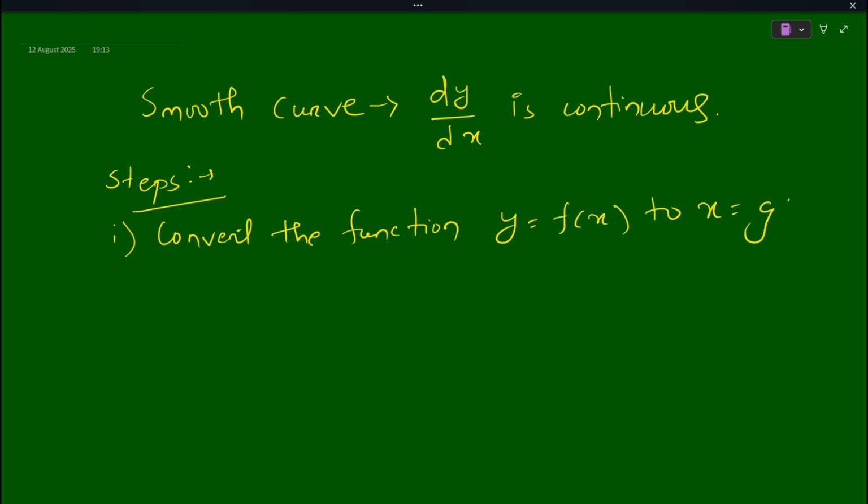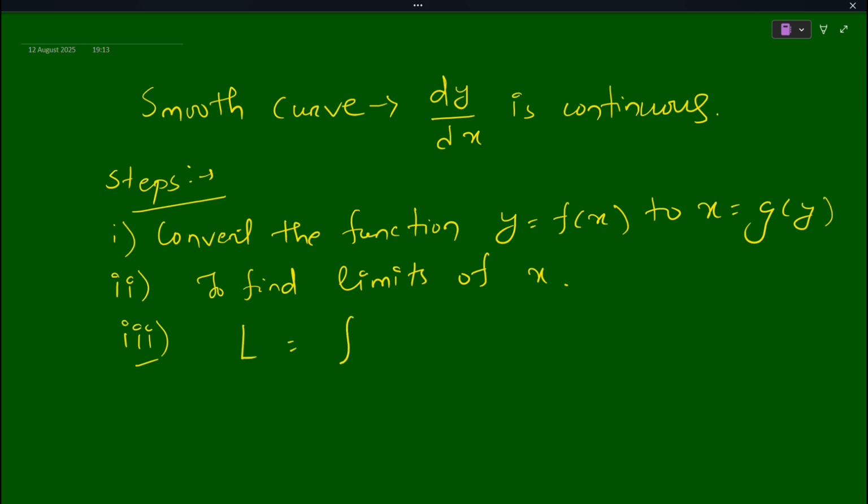The second step is to convert the limits according to x, that is, to find the limits of y. Then the third step is applying the formula, which is L equal to the integral from c to d of the square root of 1 plus (dx by dy) whole square.